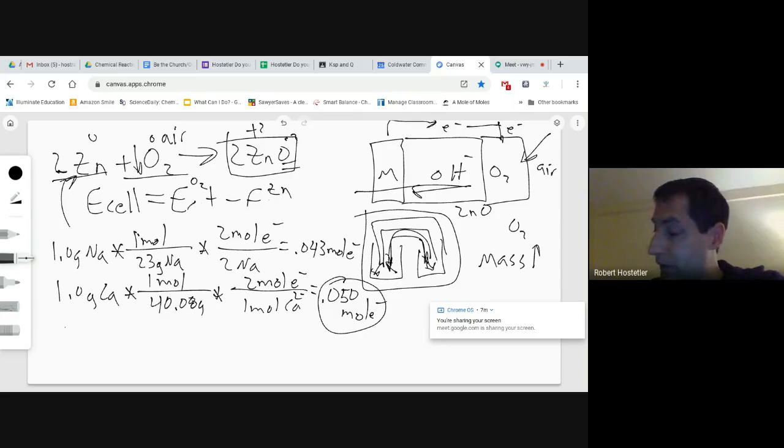Then for part E, they ask us to do an electron configuration for zinc. Now zinc is at the end of the 3d section.